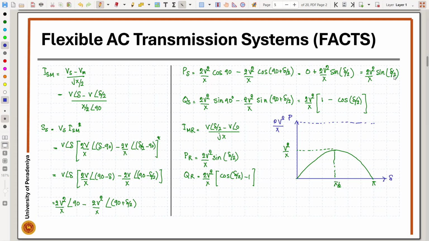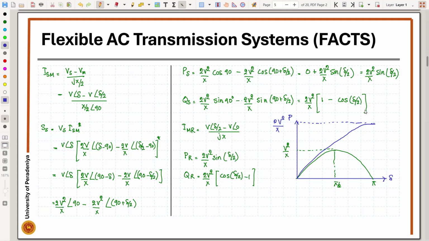So the peak will happen when the angle is equal to 180. For this one, you will see it's not a linear curve. This would be our curve.